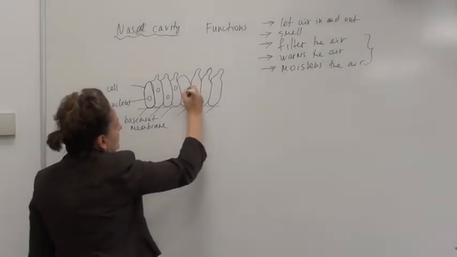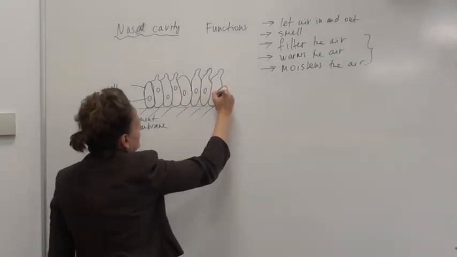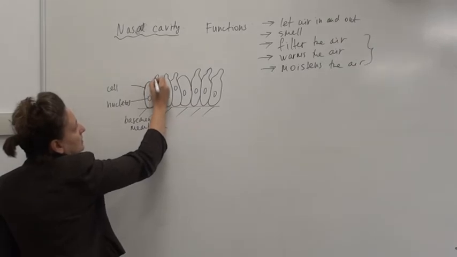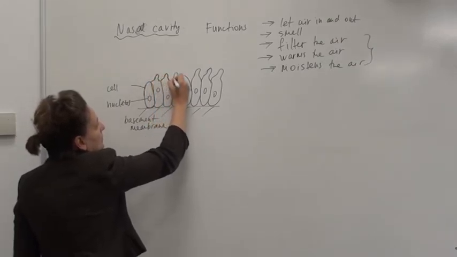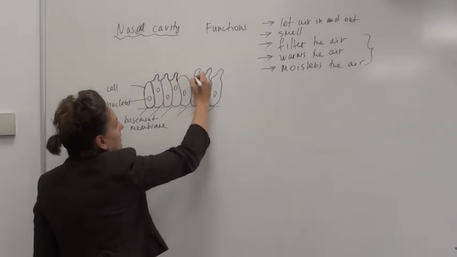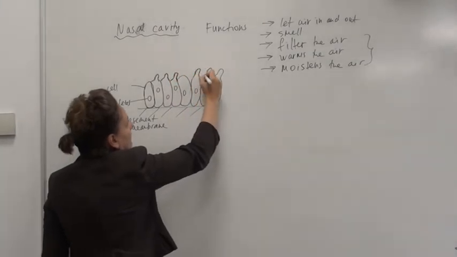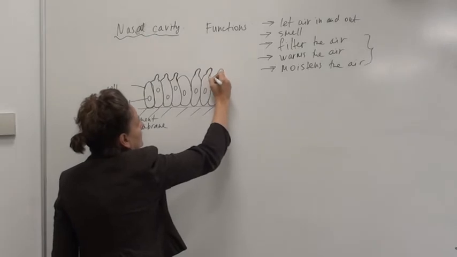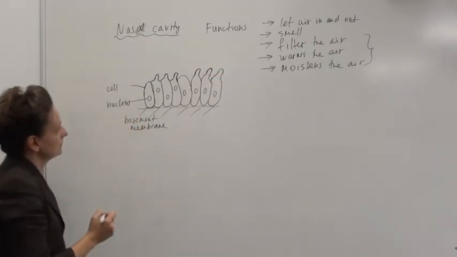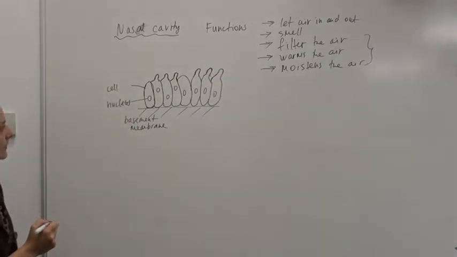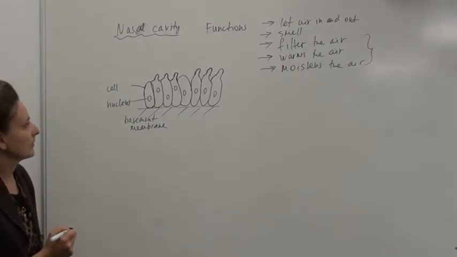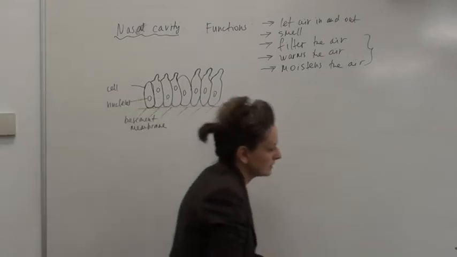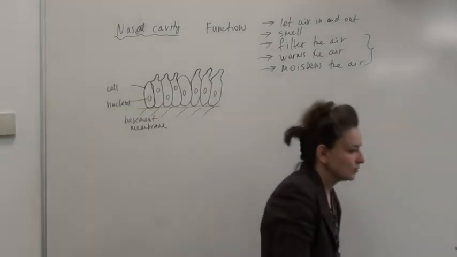And then some of these cells will have tiny projections of the cell membrane. So that's why I've drawn these funny looking extensions here. The majority of these cells will have these projections, but then some cells, once in a while, don't.